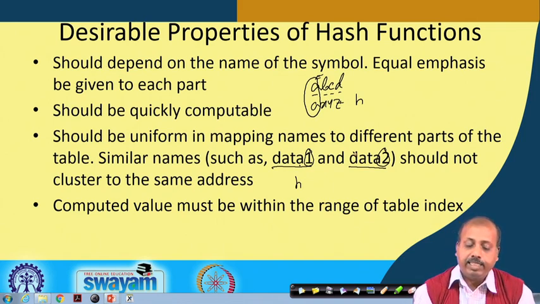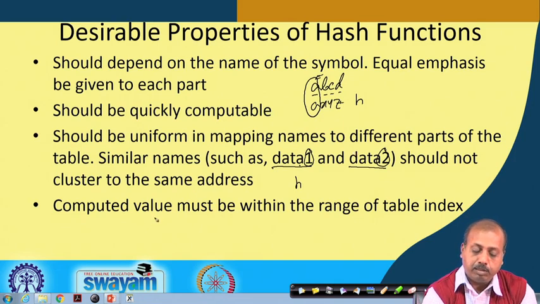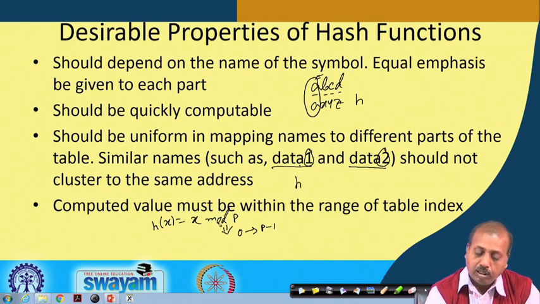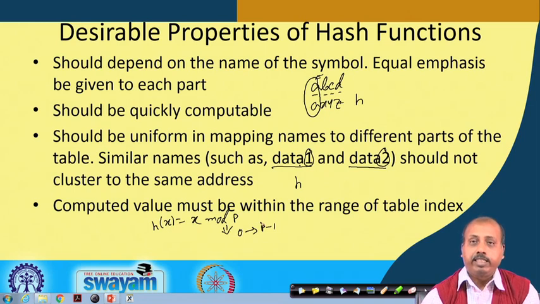As I said, we can have this modulo function, h of x equal to x mod p. In this case the range is from 0 to p minus 1. If you are using some other hash function instead of this modulus function, which is pretty common, then the range of indices generated from this h function may not match with the actual table index range.